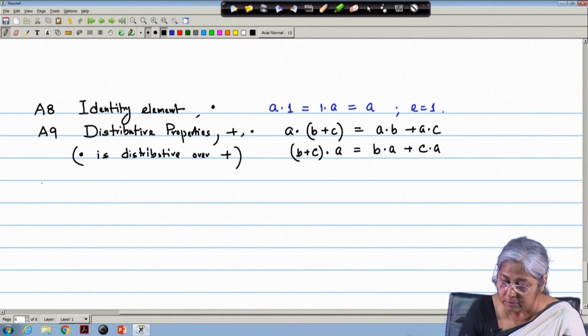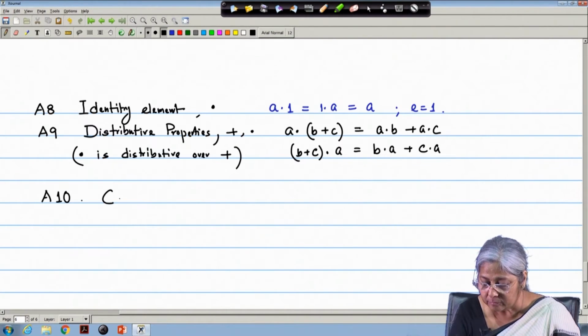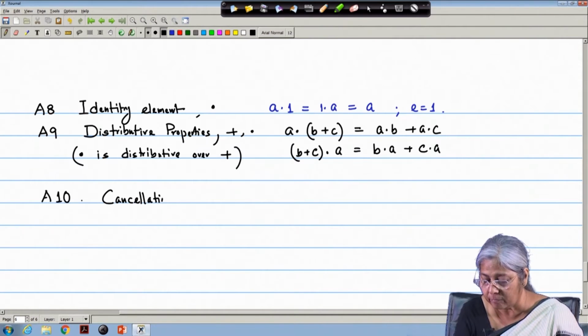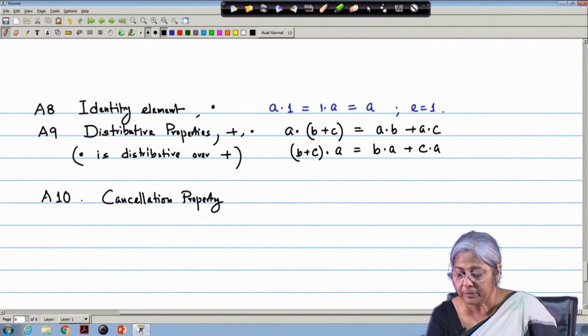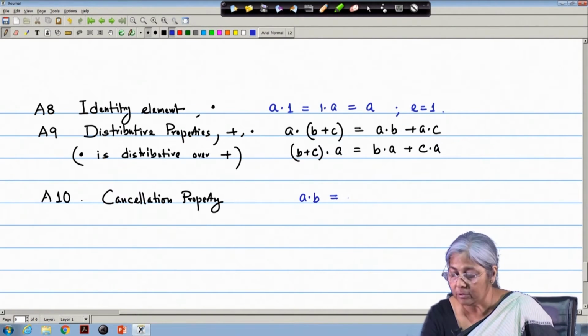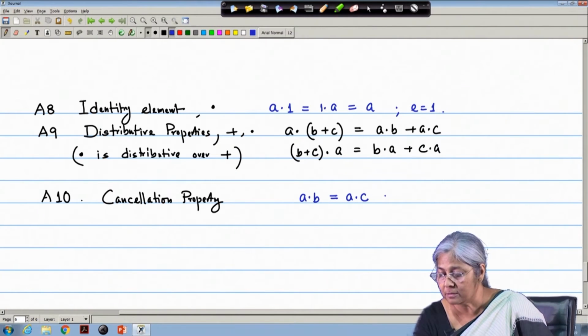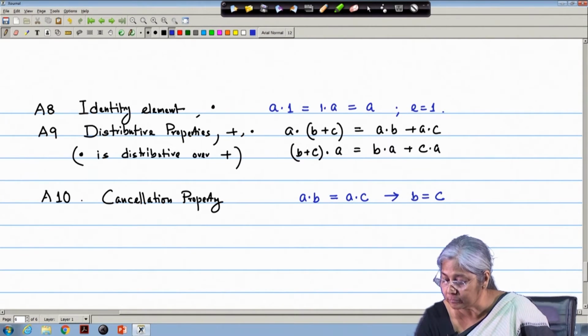Now, I can write two other properties. This is called the cancellation property, that if A dot B equal to A dot C implies B equal to C, if A is not equal to 0.